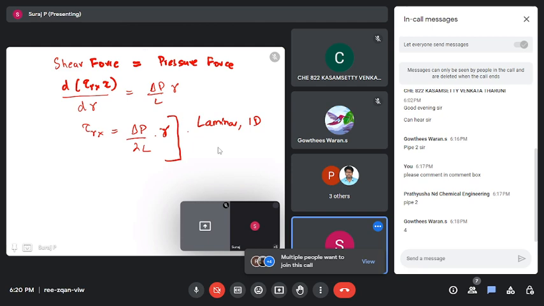Fully developed flow is a flow in which there is no variation of velocity along the x-axis. So for a laminar flow, the velocity profile is parabolic and there is no variation in the x-axis. That's a fully developed flow. So this equation is applicable only for one-dimensional steady state laminar fully developed flow.